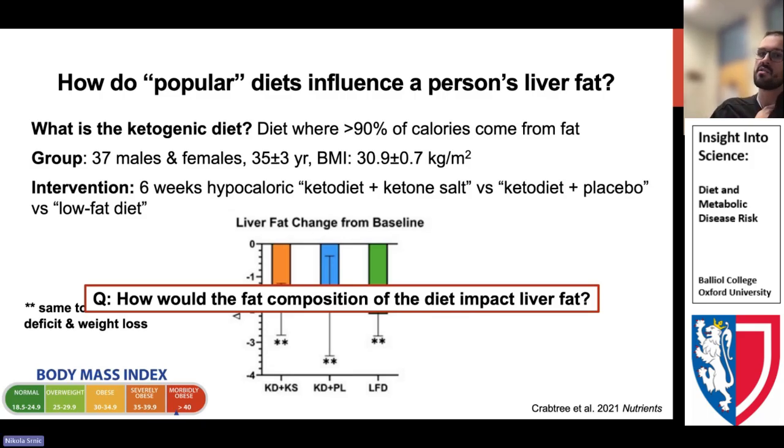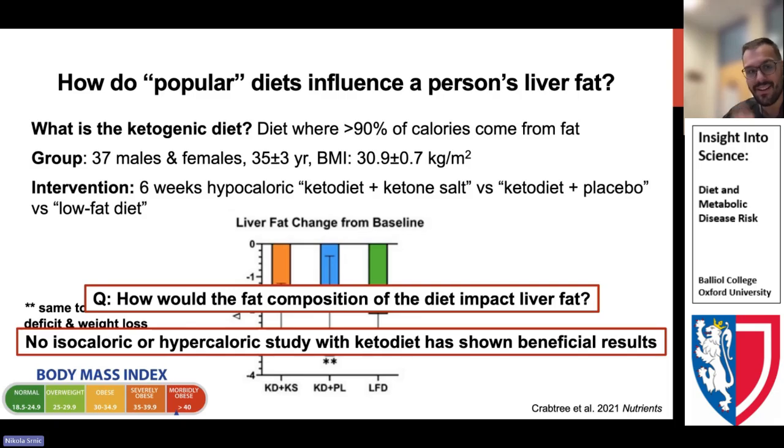What if this study was done under isocaloric conditions or hypercaloric conditions? How would the fat composition of this ketogenic diet impact liver fat? Well, we've kind of seen the answer to this question in the previous hypercaloric studies. If people were to consume a high-fat, saturated fat-enriched diet, this might actually be detrimental to their liver fat, even though they're very, very high in ketones.